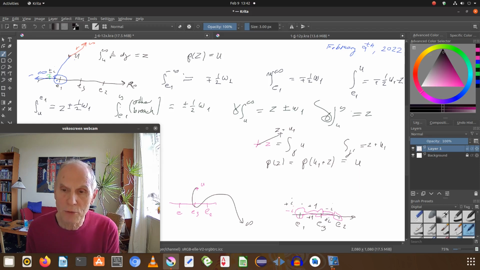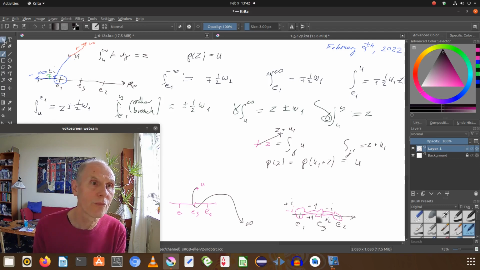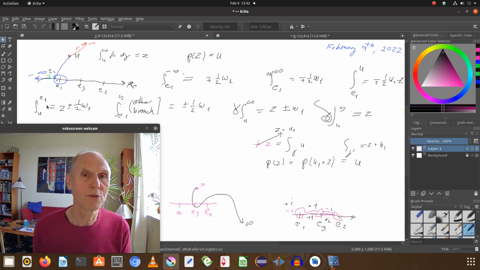Or rather, first we go down to E1. Here going down to E1, we need to have the plus sign. Do we not? It's minus. I just have to do this again.